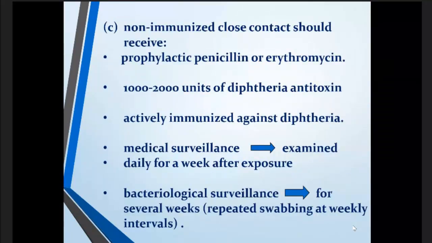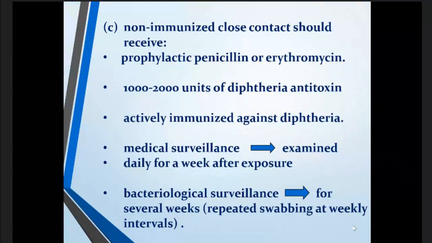The non-immunized close contacts should be given prophylactic penicillin or erythromycin, and also 1,000 to 2,000 units of diphtheria antitoxin, and after that they should also have active immunization with the diphtheria vaccine.